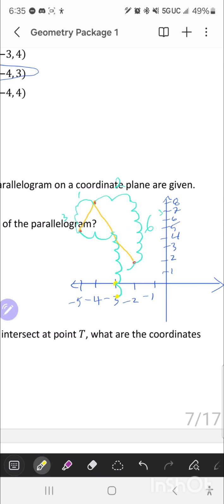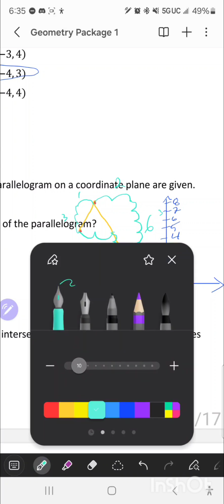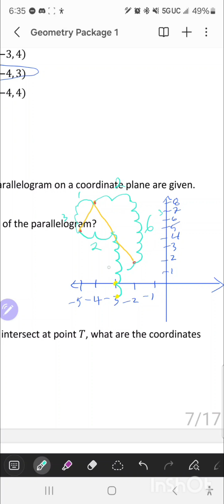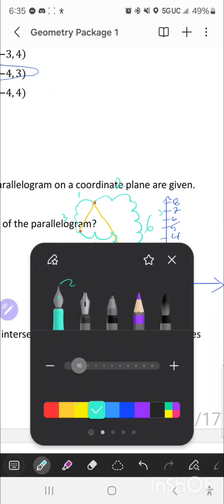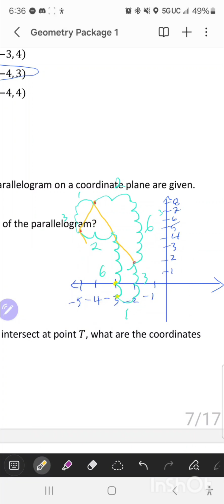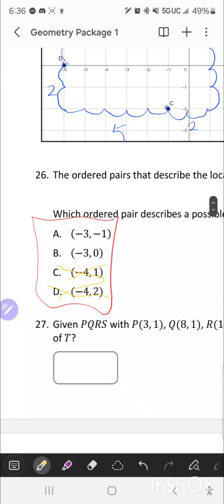And I have the 2 here, and I have the 6 here, and then if I have the 3 and the 1, so I want 3 down, so 1, 2, and 3, and then 1 to the left, so I have 3 and 1. And when I draw the parallelogram, I get this and this. So the point that is our coordinate is going to be -3, comma -1.